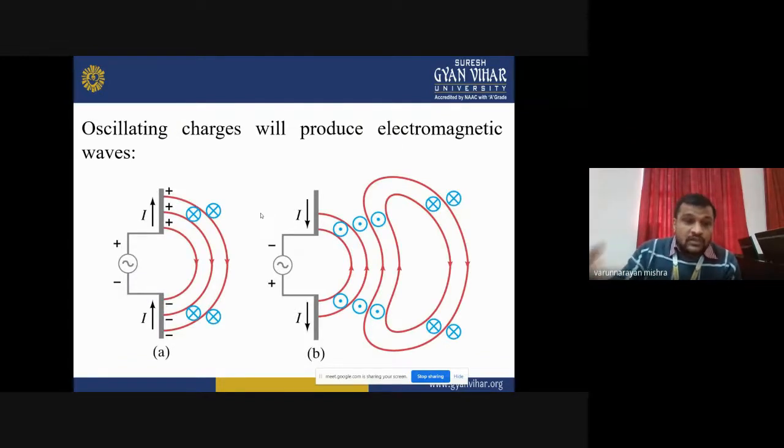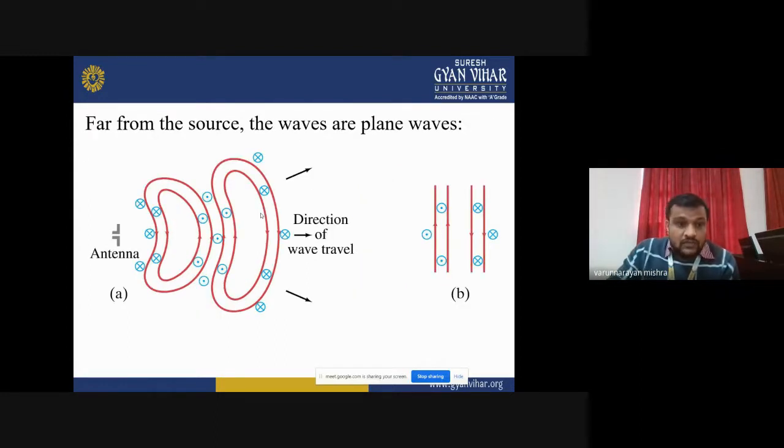So this is the way charged particles oscillate, and because of their oscillation and movement, electromagnetic waves are produced. This is how electromagnetic waves travel or oscillate in the medium. Here is another view showing the different directions: when charged particles produce a magnetic field, the electric field and magnetic field are perpendicular to each other, and they propagate in a direction that is also perpendicular to both.